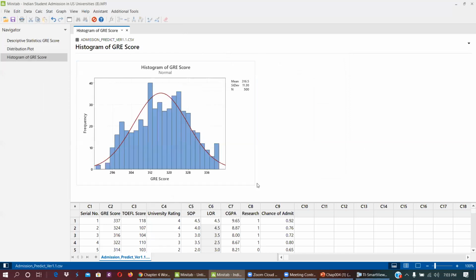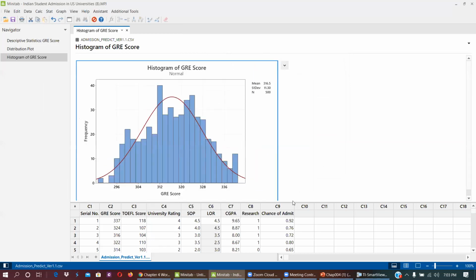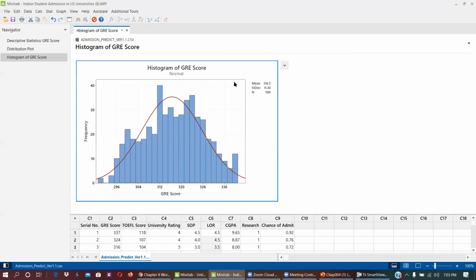So look into this. Can you see this? It is a simple histogram of GRE, and you can see on top of that the normal distribution. Here you can understand this is the mean, this is the standard deviation, and the number of observations is 500. So you know the standard deviation.